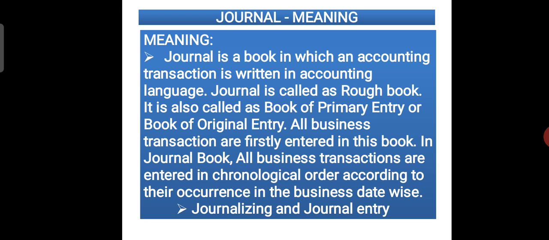That is called chronological order, according to their occurrence in the business. As and when the business transaction takes place, immediately we record the first transaction, second transaction, third transaction, date wise, first date, second, third, like that. Okay, students, all business transactions are entered in chronological order according to their occurrence in the business, date wise.